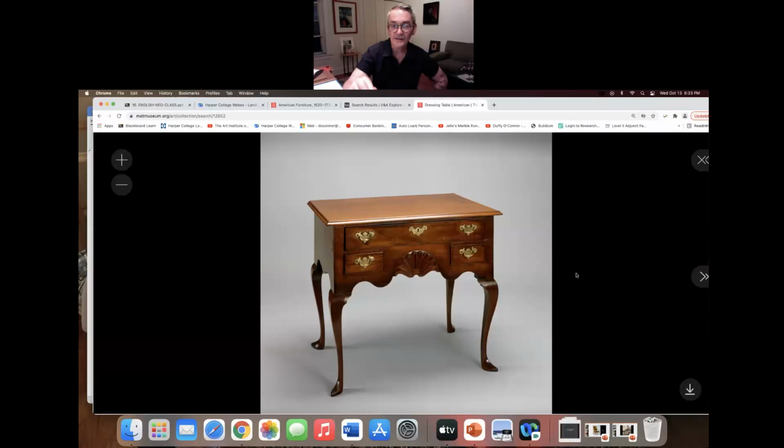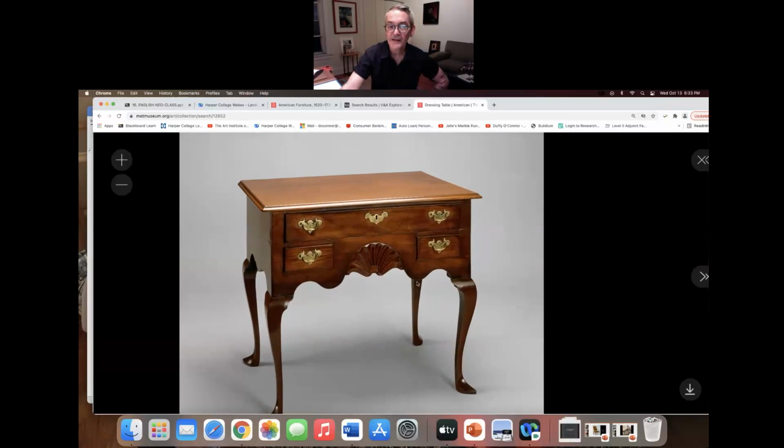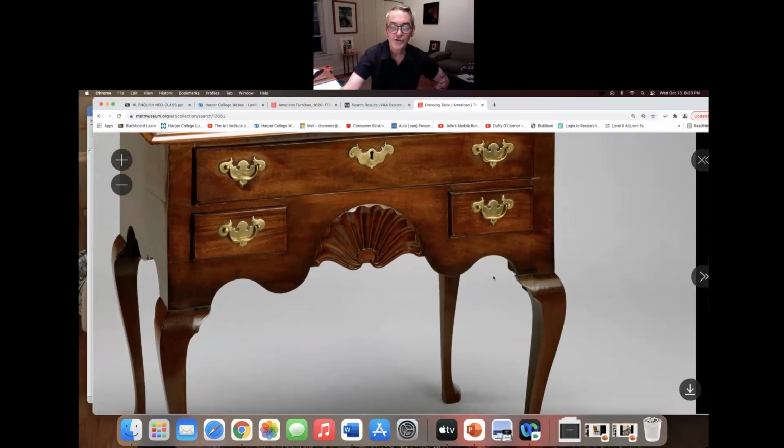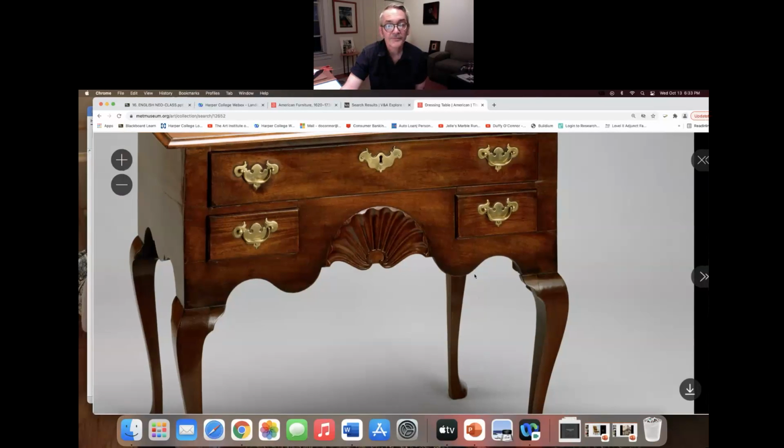The shell, so this is where the Queen Anne has a relationship with Rococo. You see this shell motif carved into Queen Anne furniture. And the shell is also a feature of the French Rococo. All right?